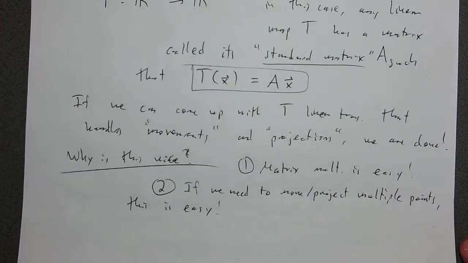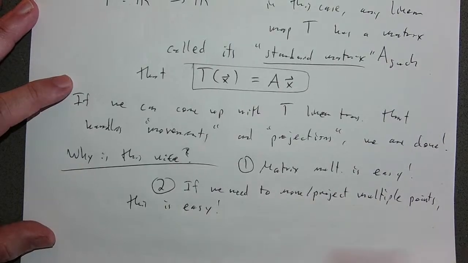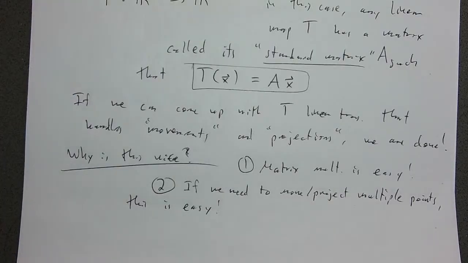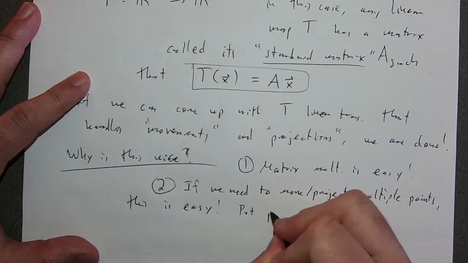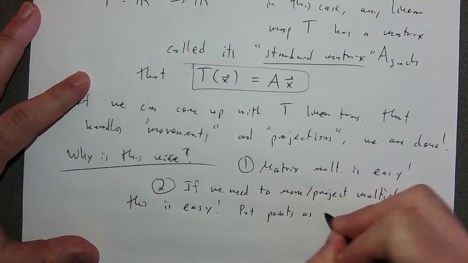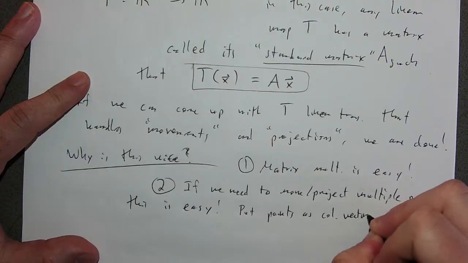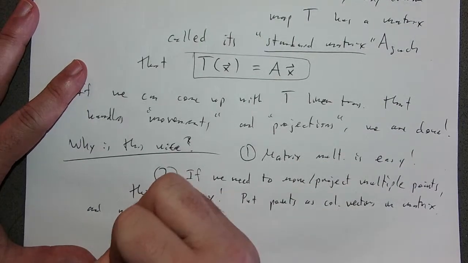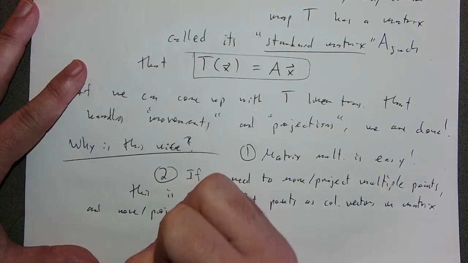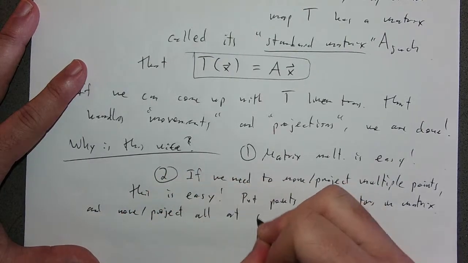How? Well, if I need to move or project multiple points instead of just one, which of course I'm very happy to do, I'm very happy to move an entire mesh grid of points instead of merely one point at a time, I can put those points as column vectors in a matrix and move them all at once. How does this work?